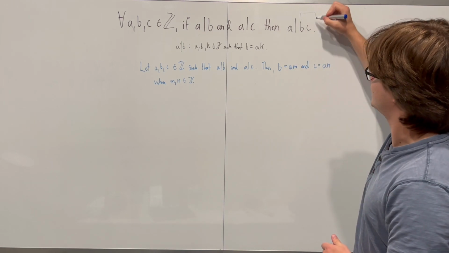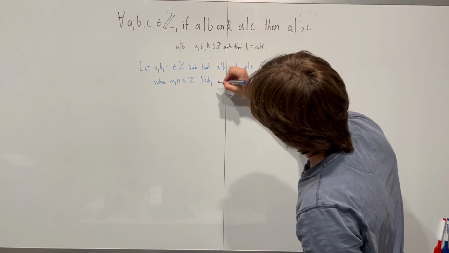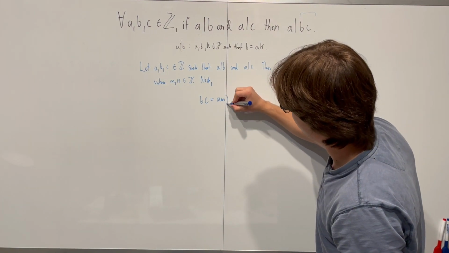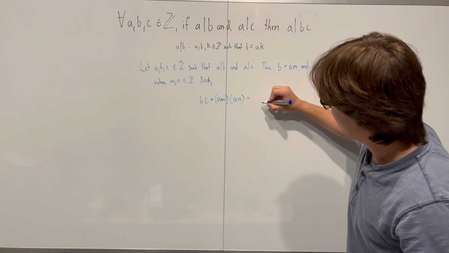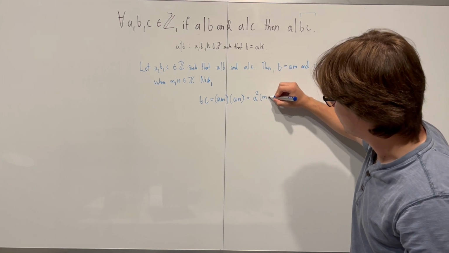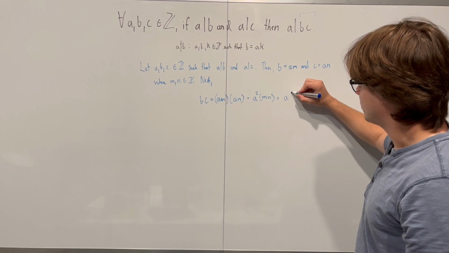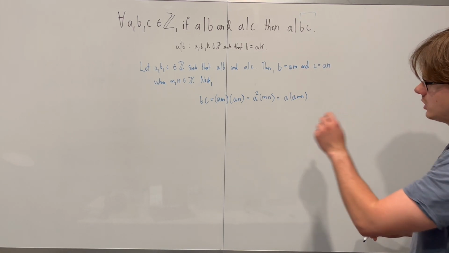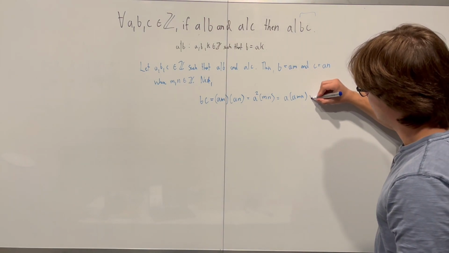Let's start with just the right-hand side. b times c is the same as saying am multiplied by an, which is going to be the same as saying a squared multiplied by mn, which is really just the same thing as saying a multiplied by amn.